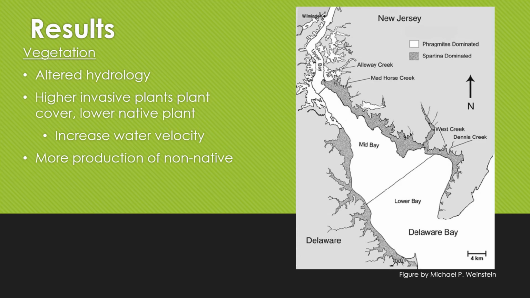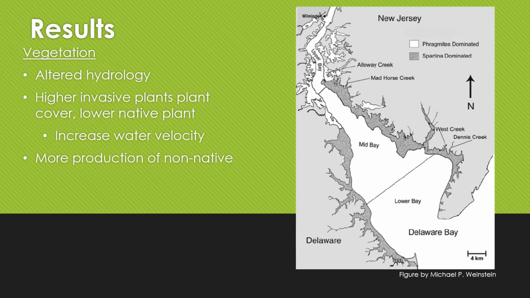We expect to find significantly higher cover and aboveground production of non-native invasive species in the modified marsh due to lower soil salinity and higher rates of freshwater incursion. As you can see here in this picture, the upper Delaware Bay is invaded by Phragmites, and this mostly has to do with the fresh water that's coming in from inland.